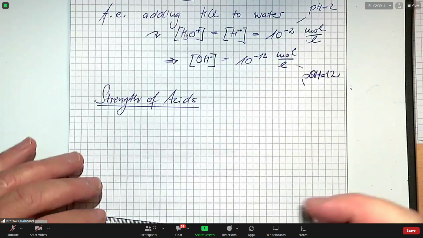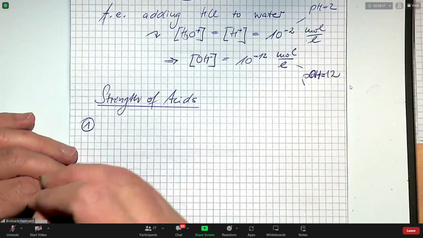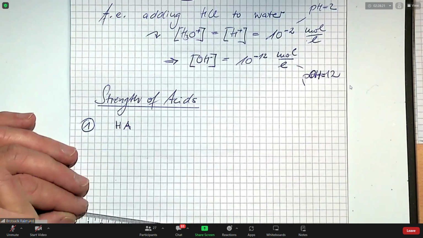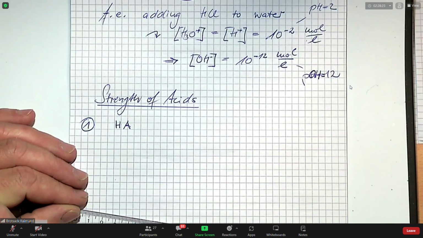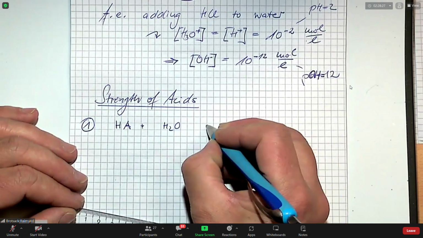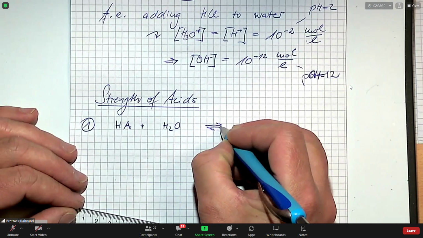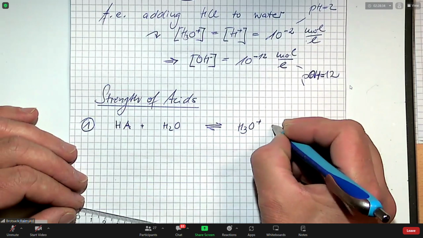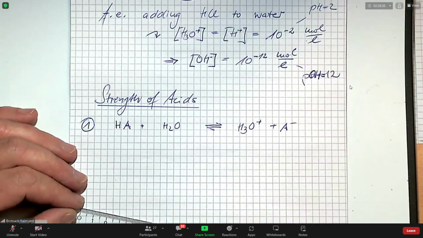So we have an example 1. We have an acid HA, for example, hydrochloric acid, and we put it in water. Then we have the equilibrium, not knowing exactly at that moment if it is strong or not, with H3O plus and A minus.